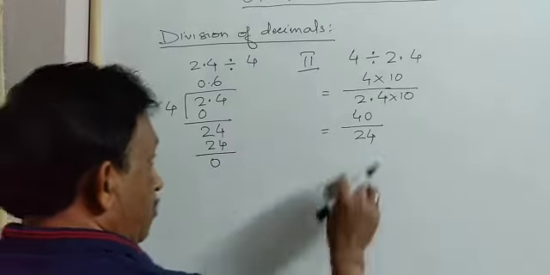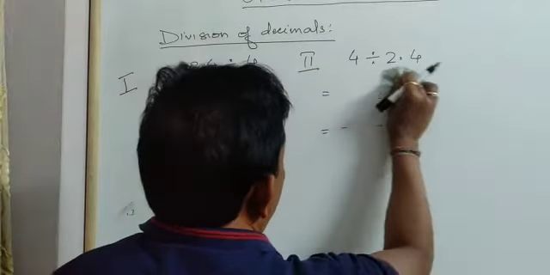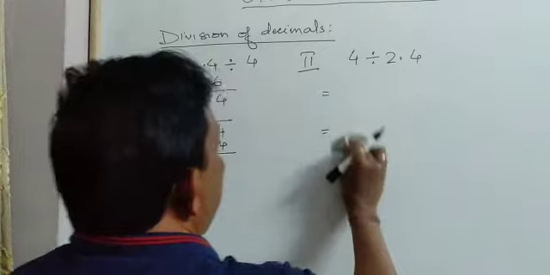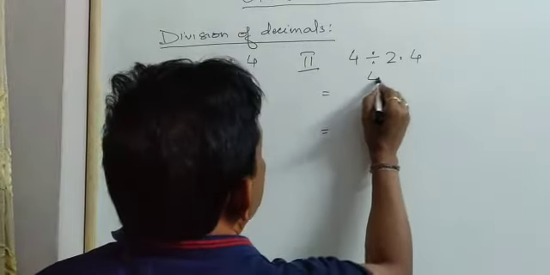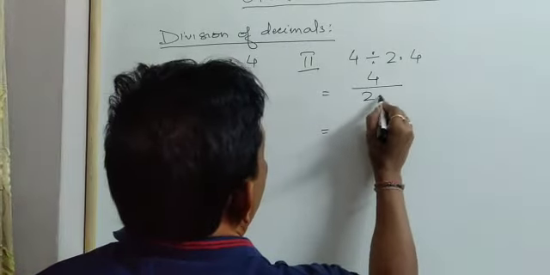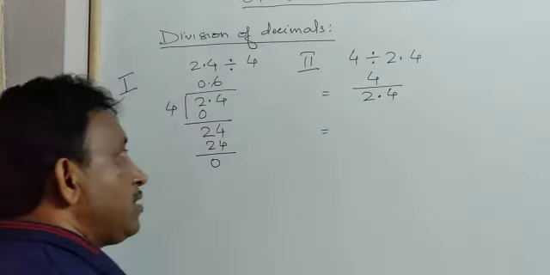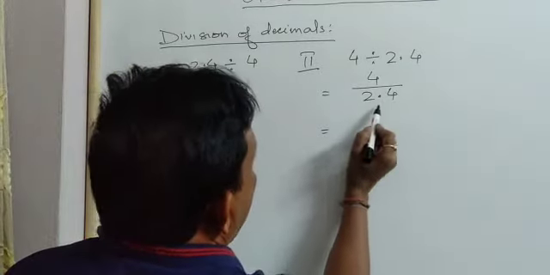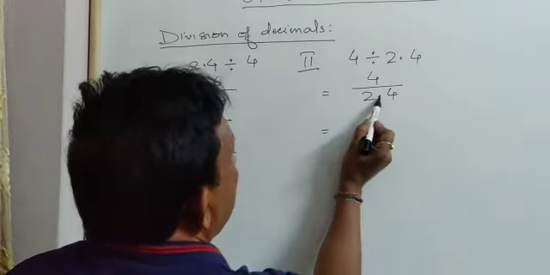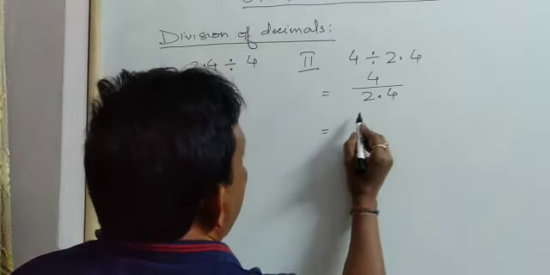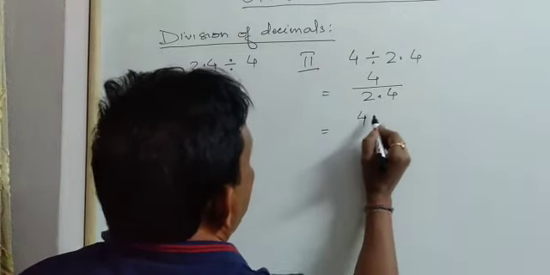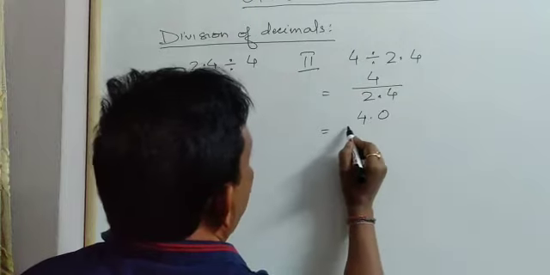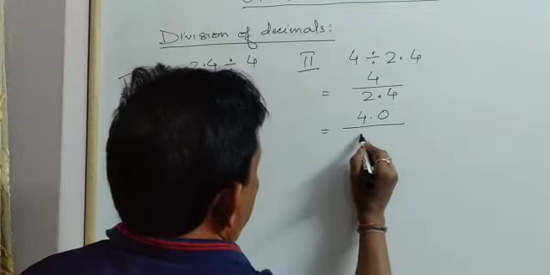Now, I'll not do this now. I'll tell you a shortcut. So it is 4 divided by 2.4. Now, what you do is, you see here, after the decimal, there is one digit. So, I'll write 4 also like that, 4.0, and 2.4.